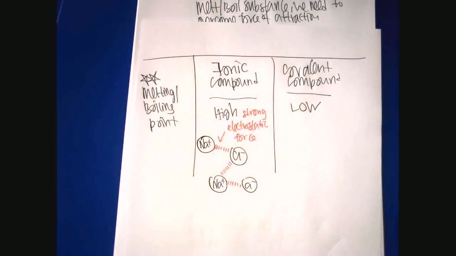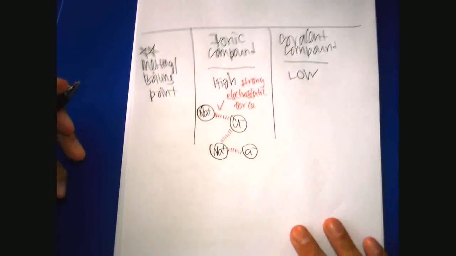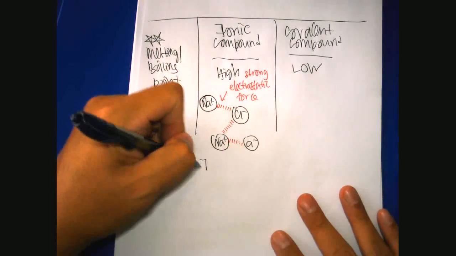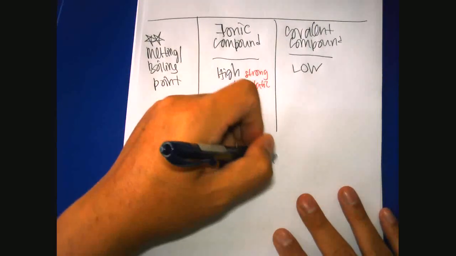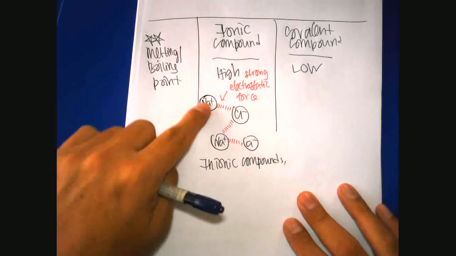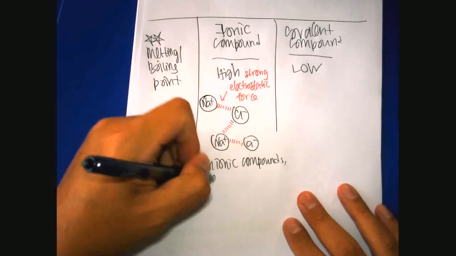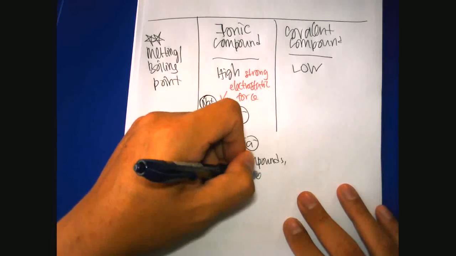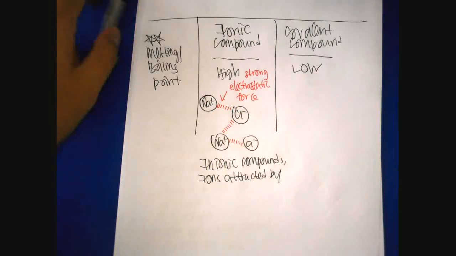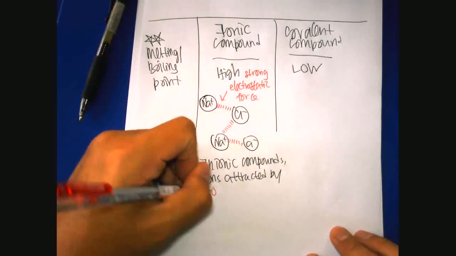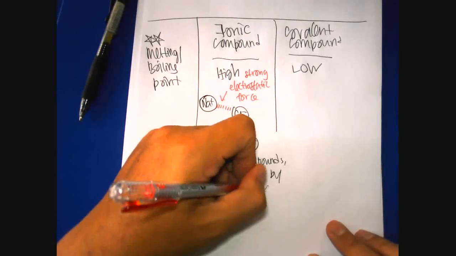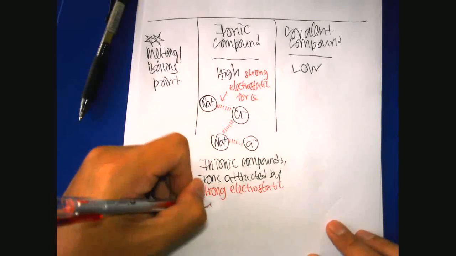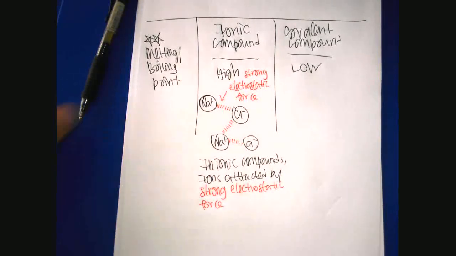So how to put it in words? You can mention like this: when we have ionic compound, all these things are charged, we call them ions. They are attracted by very strong electrostatic force.